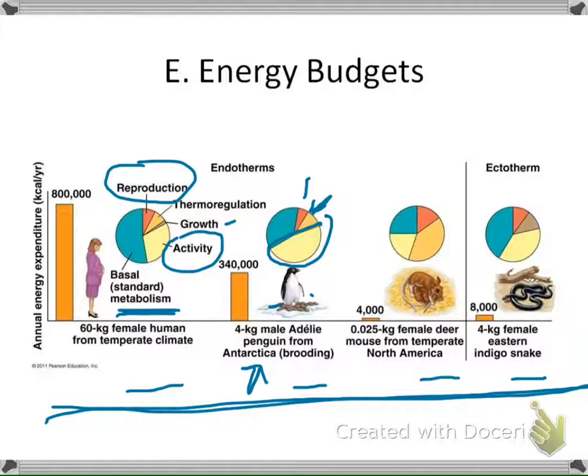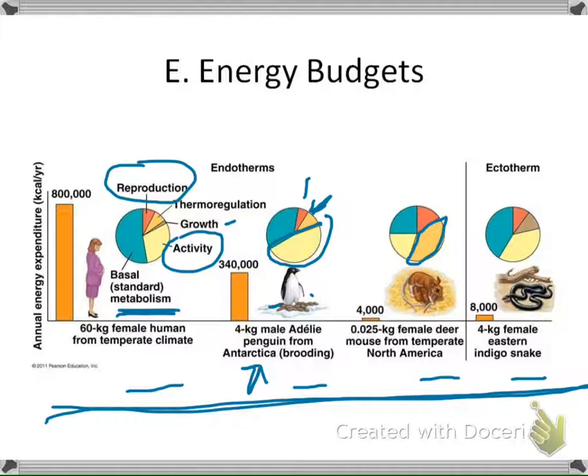The deer mouse is so small it uses lots of energy for thermoregulation, because it loses so much heat because it's tiny and so it has a large surface area to volume ratio.